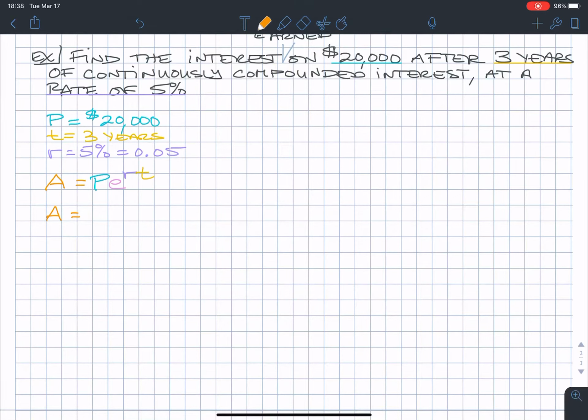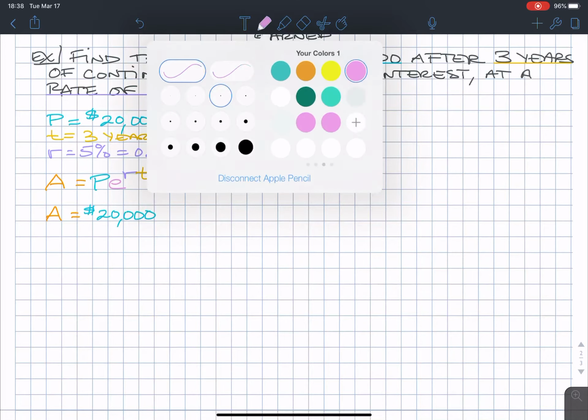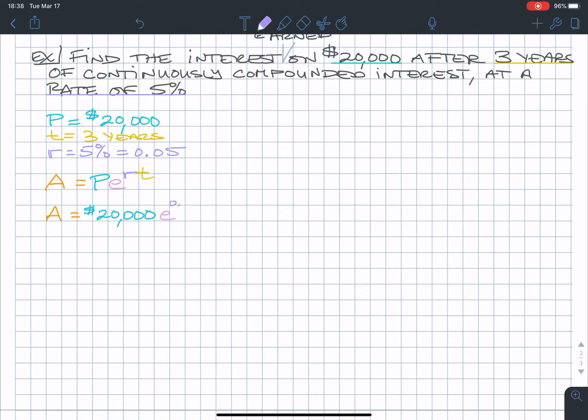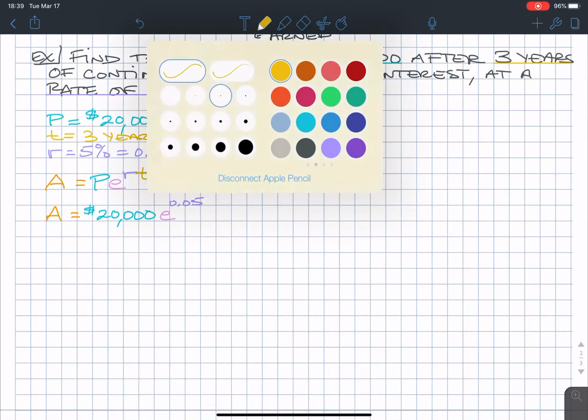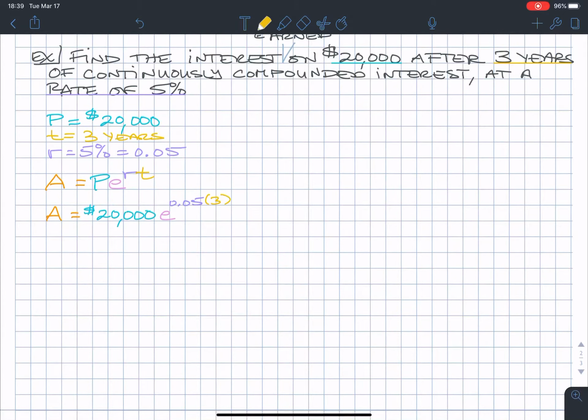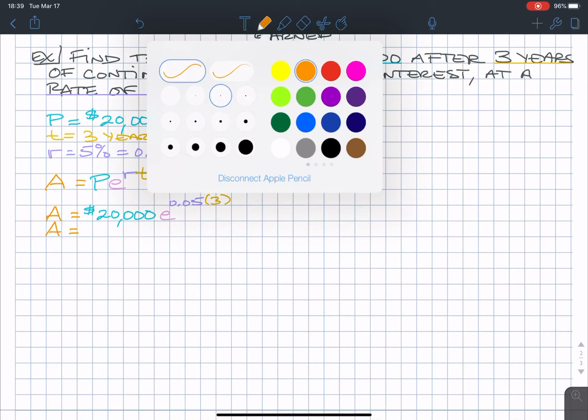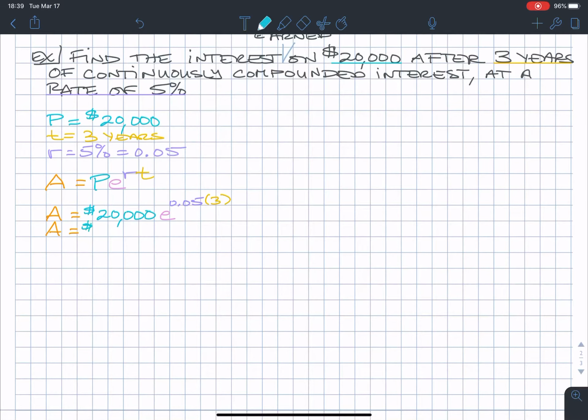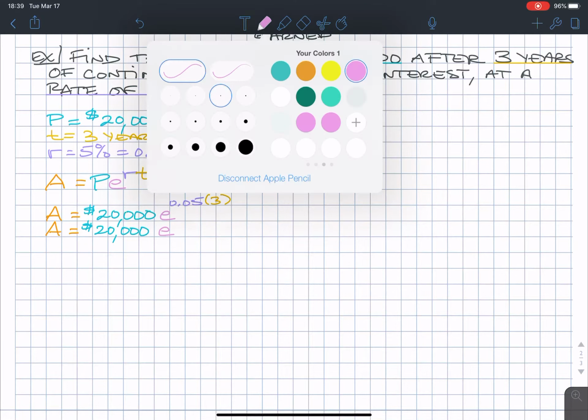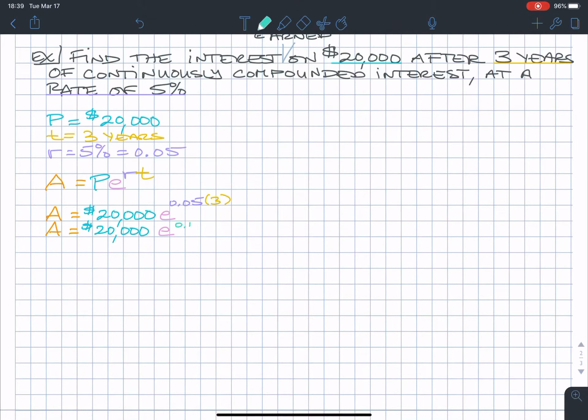So the amount will be 20,000 times E raised to the rate 0.05, 5%, times time, which is 3 years. So we get that the amount is 20,000 times E raised to the, so 3 times 5 is 15, so that's 0.15.